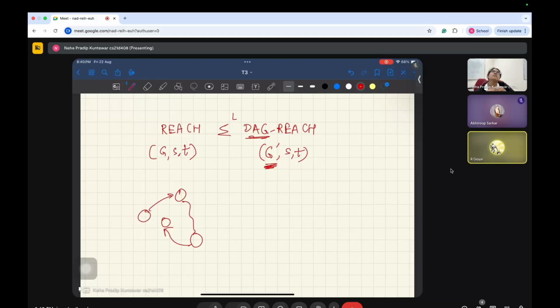Whenever an edge, but how to know that the inclusion of this edge is going to form a cycle, right?